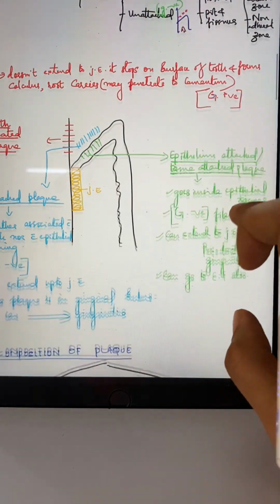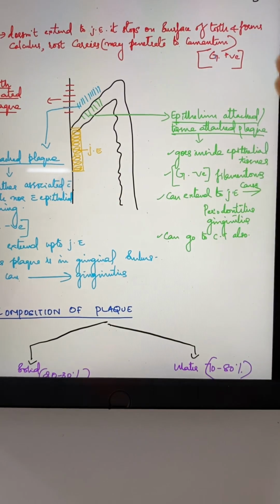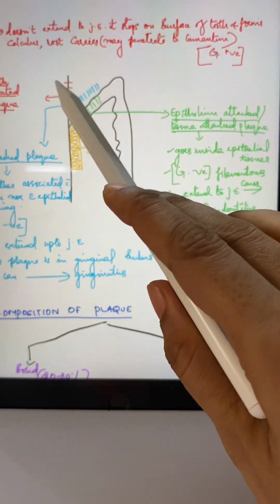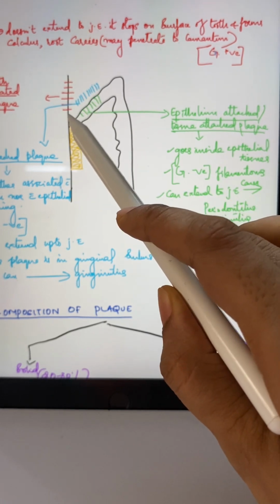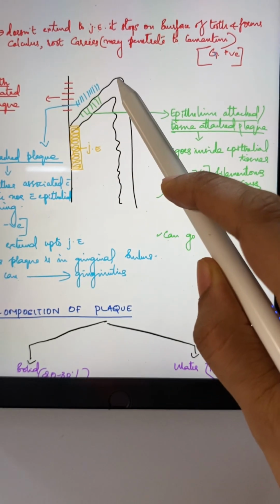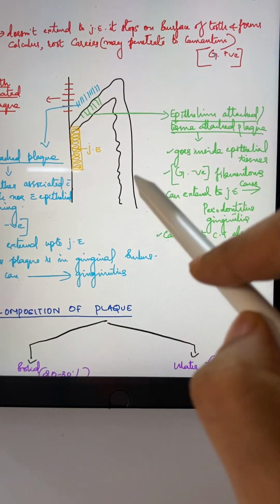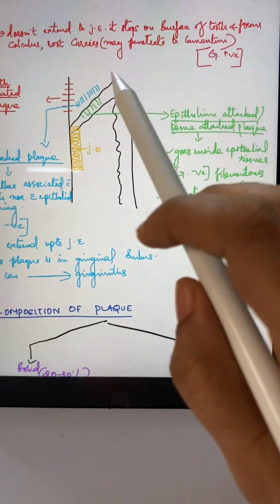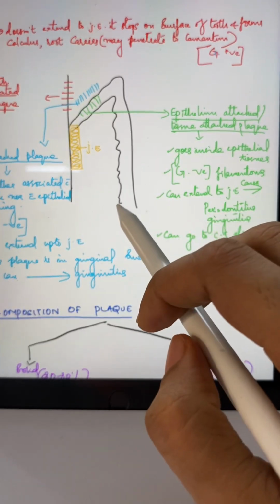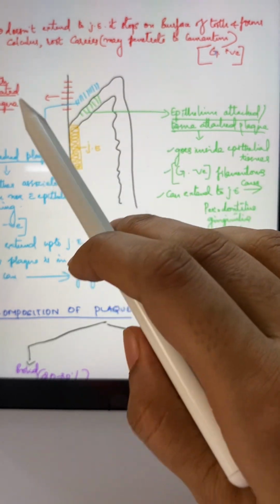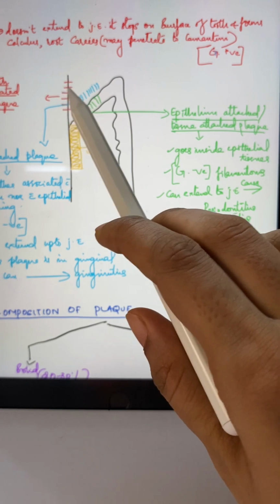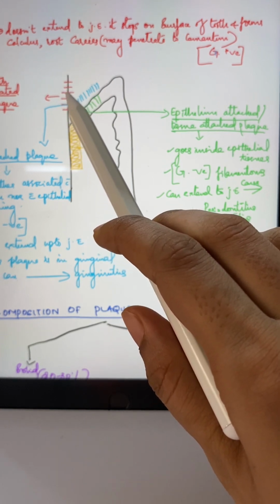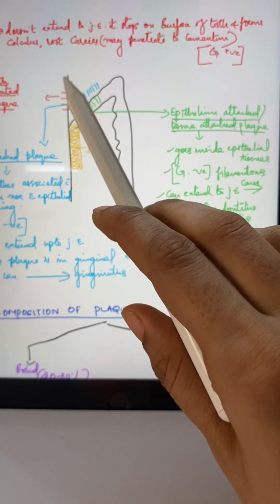When we see this picture, you will understand: this is the tooth surface, and there is the junctional epithelium, gingival sulcus, sulcular epithelium, and outer epithelium. These can all be seen in this picture. When we discuss tooth associated plaque, this is the area where the plaque accumulates on the surface of the tooth.